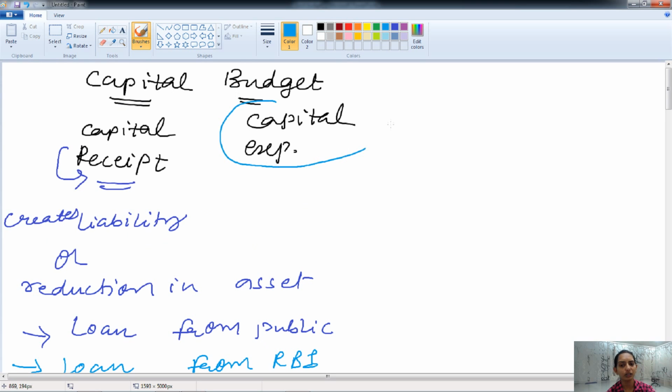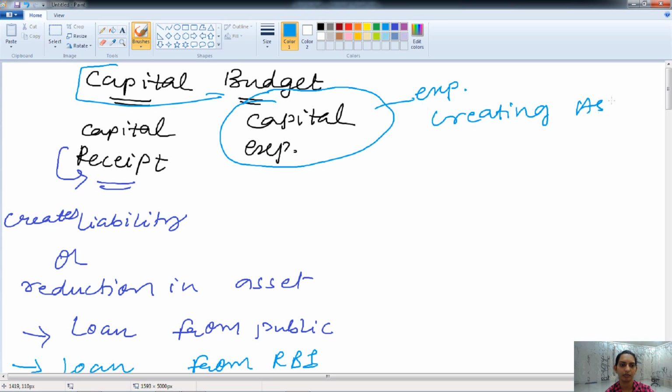Okay, now let's talk about the capital expenditure. Capital expenditure is one of the types of the capital budget. Over here, the expenditure made by the government for the purpose of creating assets in the long run is known as capital expenditure.